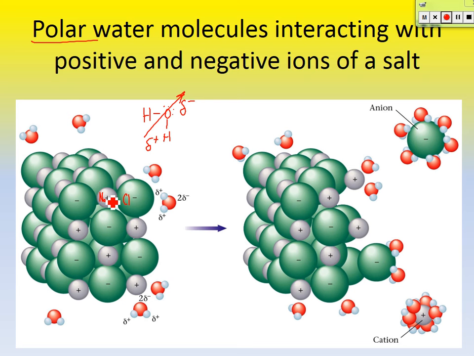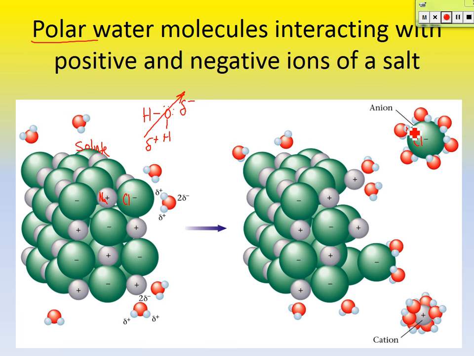I want you to look at how water attacks the solute. This big chunk right here is salt. This would be our solute, and the water is the solvent. It's going to come in here and attack it. If you look at how solvation works, to dissolve the chlorine particle, look at which side the water is surrounding this chlorine.